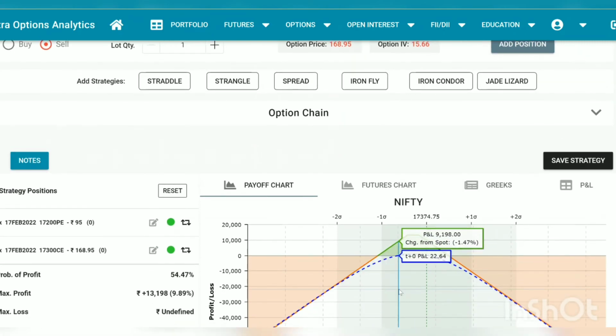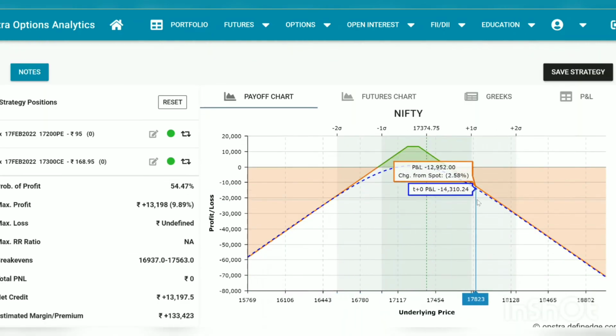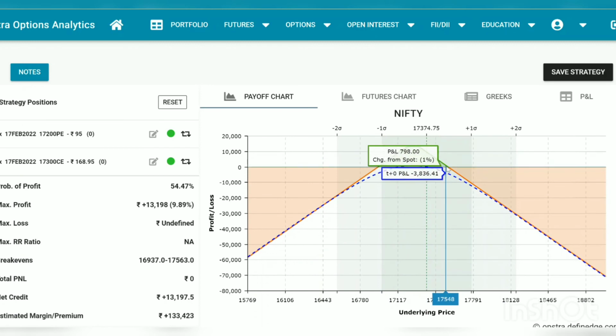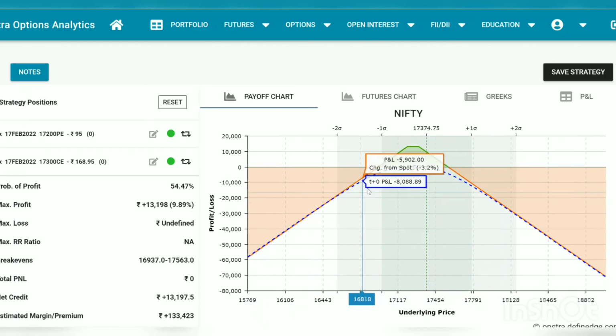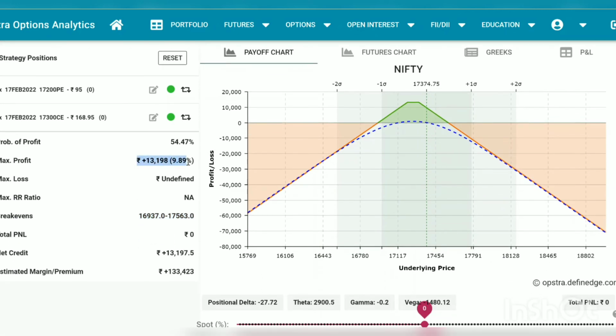So this is how it will look, and this green indicates the profit area. If I take this particular strategy, I will be in profit between the break-even levels, that is 16,937 and on the upper side 17,563, and the maximum profit that I will get is 13,000, which is 9-10% of my total capital of 1,33,000.